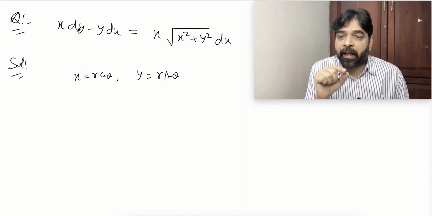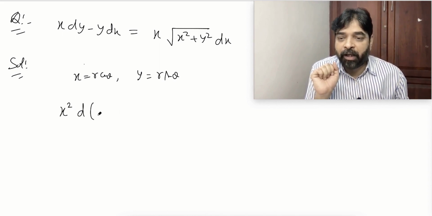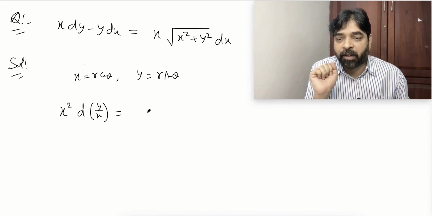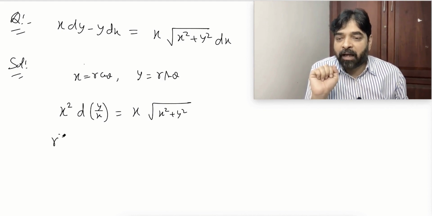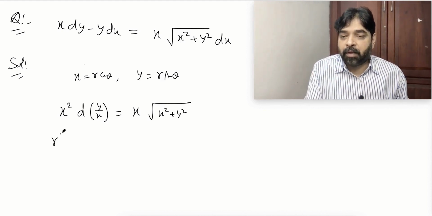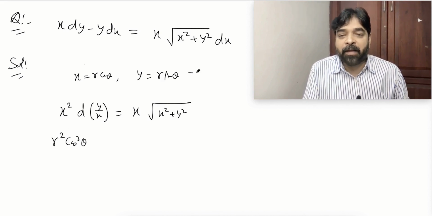This is the x dy. So we can write it as x square into d of y by x. I hope everybody is able to understand. X into root of x square plus y square. X square I can write as r square cos square theta. D of y by x means y by x.